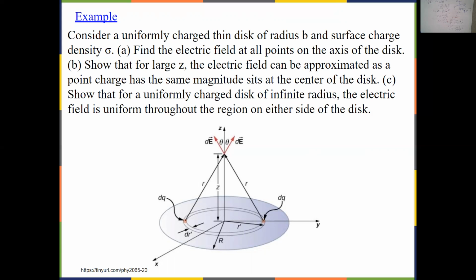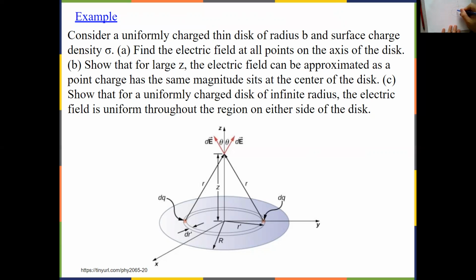Based on what we just learned, I'm going to sketch it here for right now, and then I'm going to stop sharing so you can see a larger view on your end. So there's a disk, and you are again a Z away from the center of this disk.